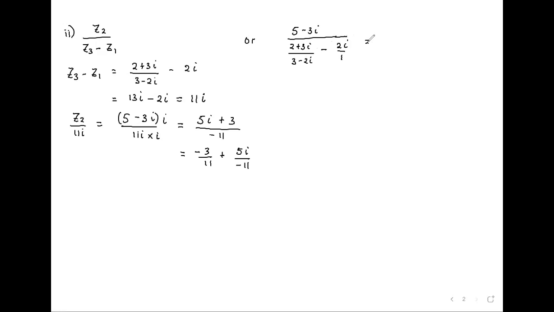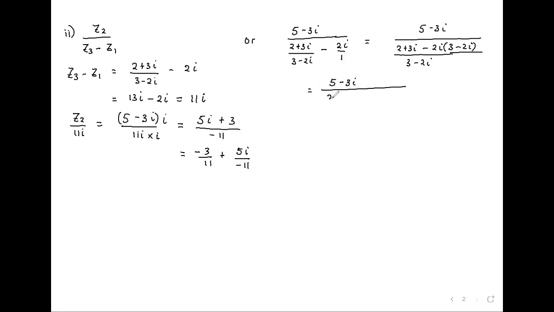Then we get 3 minus 2i down. And then we have 2 plus 3i minus 2i multiplied by 3 minus 2i. And then we go up to the numerator, 5 minus 3i.